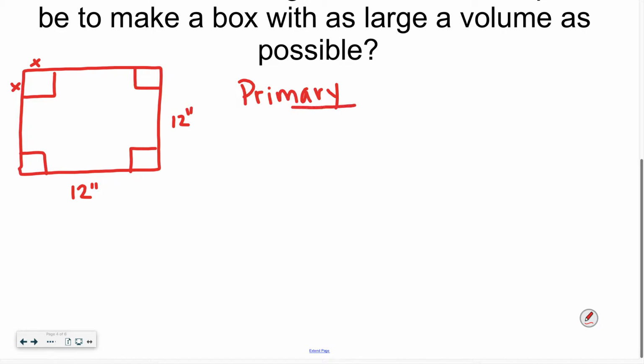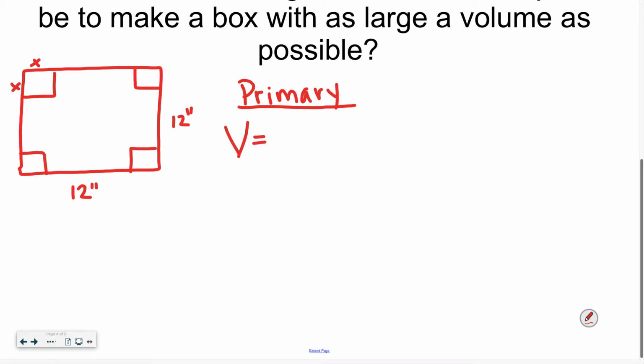Okay. Your primary equation, and if you need to make a note of this on your note sheet, your primary equation is always going to connect to what you're trying to maximize or minimize. So it says we are trying to maximize our volume. Our primary equation better be about volume. Okay? So our volume.